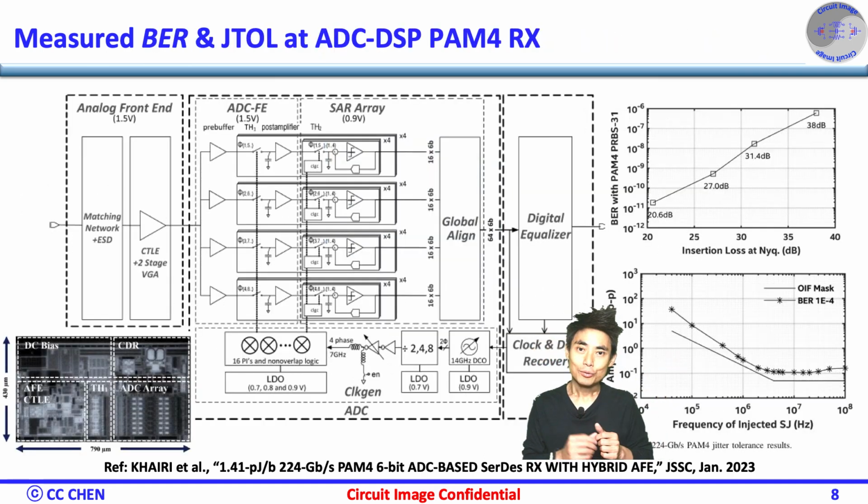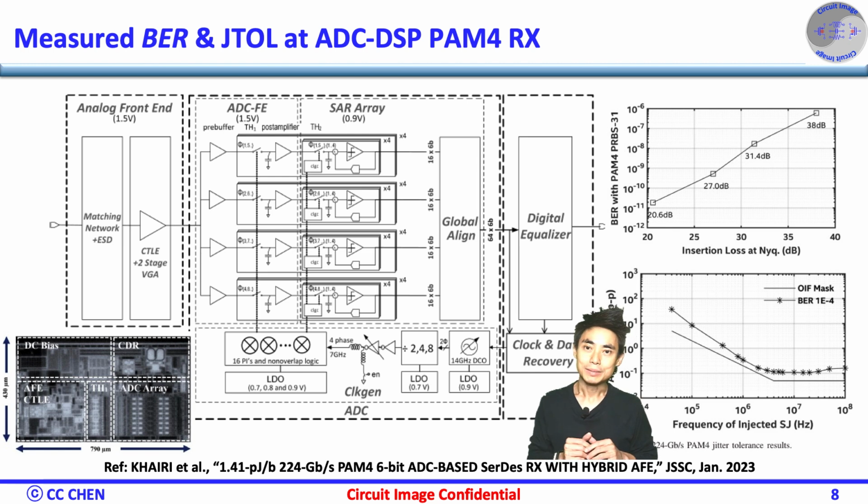The RX was tested with the input data of 224 gigabit per second PAM4 PRBS31 pattern using a TX to RX external loopback. The transmitter has 1 volt swing and is equipped with 4-tap pre-FFE equalizer. The RX FFE was enabled, but the RX DFE was not used in this measurement.